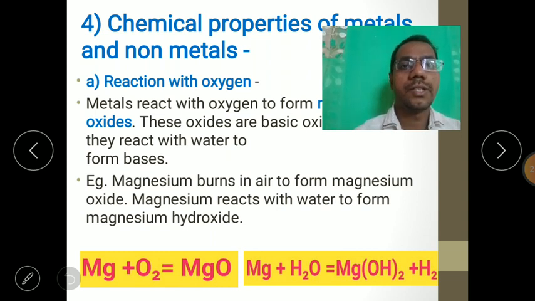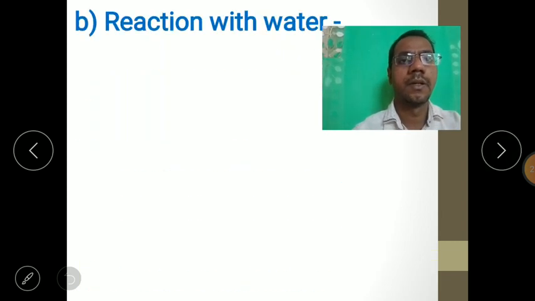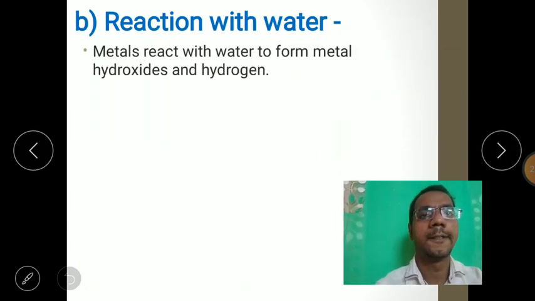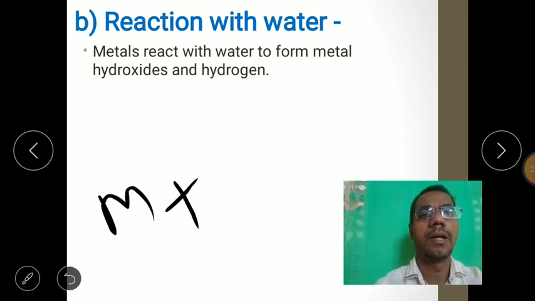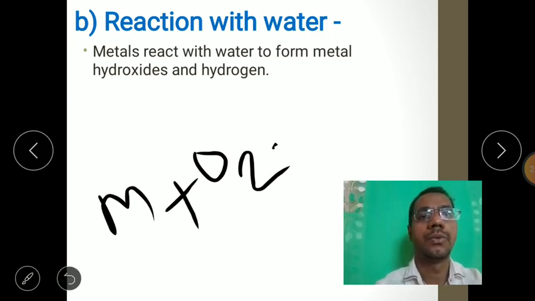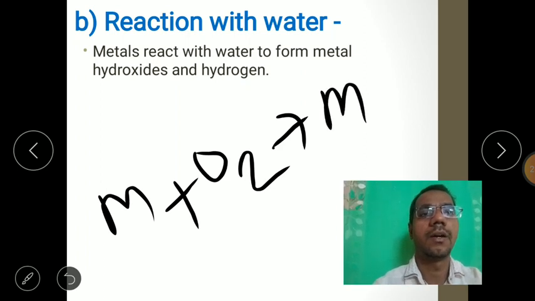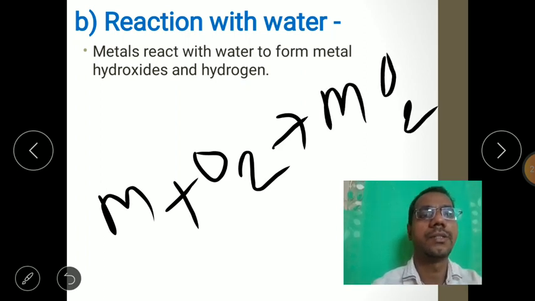So the first reaction we discussed is the reaction with oxygen, when they react with the oxygen to form an oxide. Next, reaction with water. Metals react with water to form metal hydroxide and hydrogen. Metals plus oxygen form metal oxide.